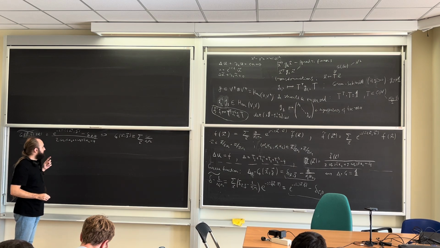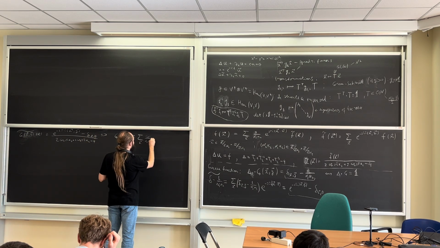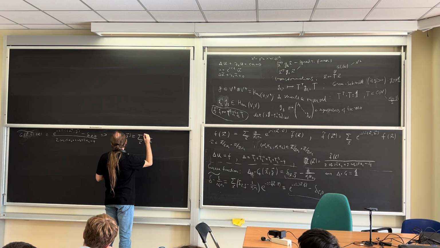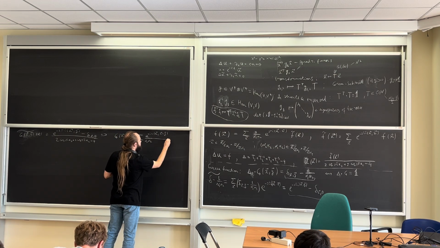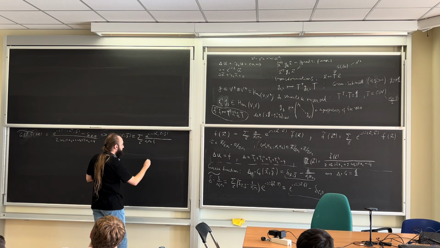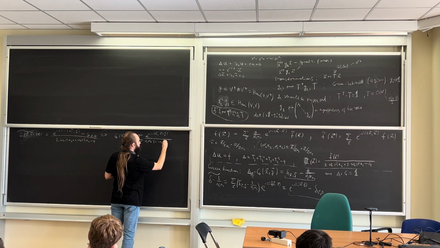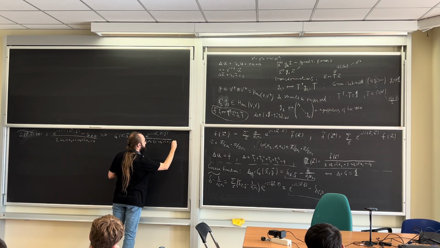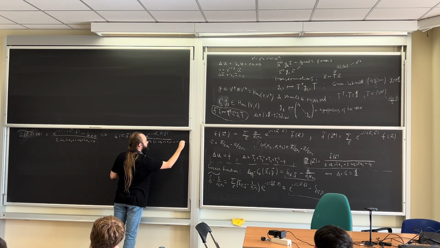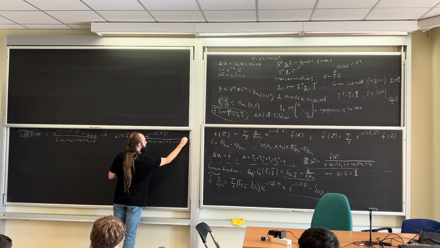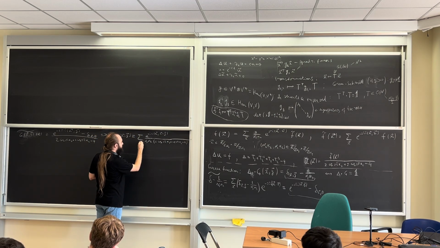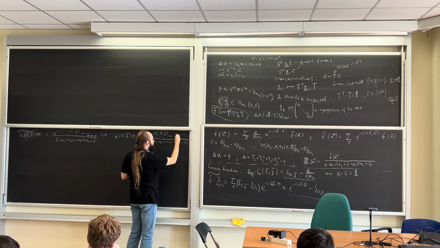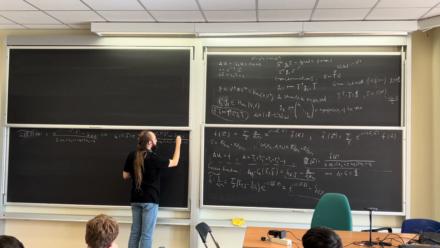So it is the sum of e to the 2 pi i k (x minus y), and here is 2 cosine of 2 pi k1 plus 2 cosine of 2 pi k2 minus 4, minus delta k0.